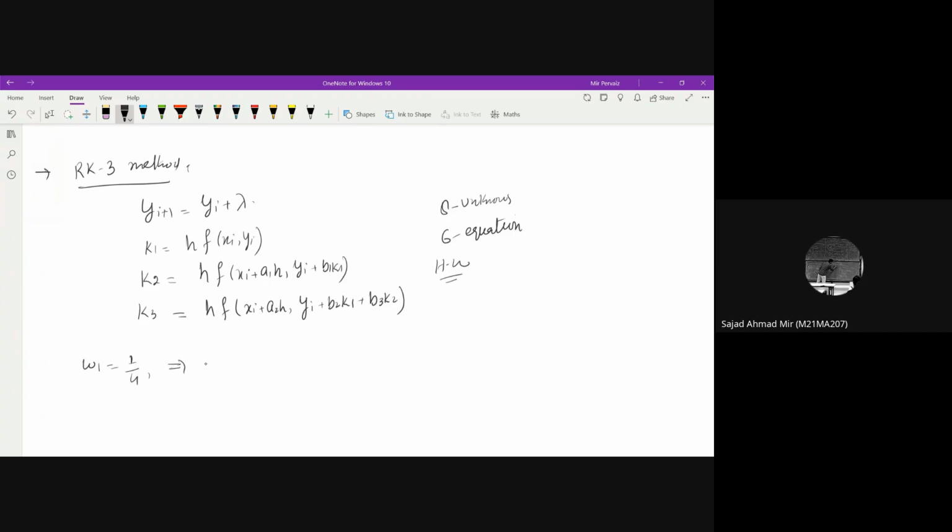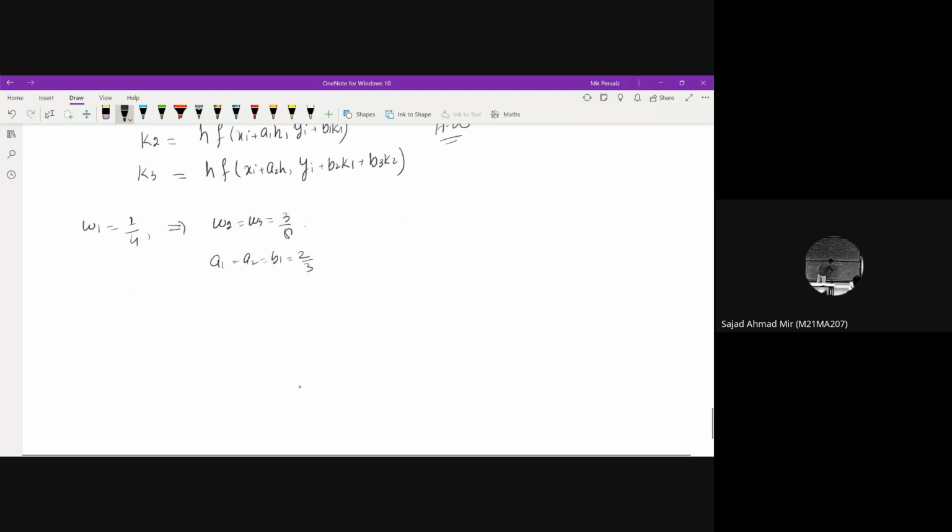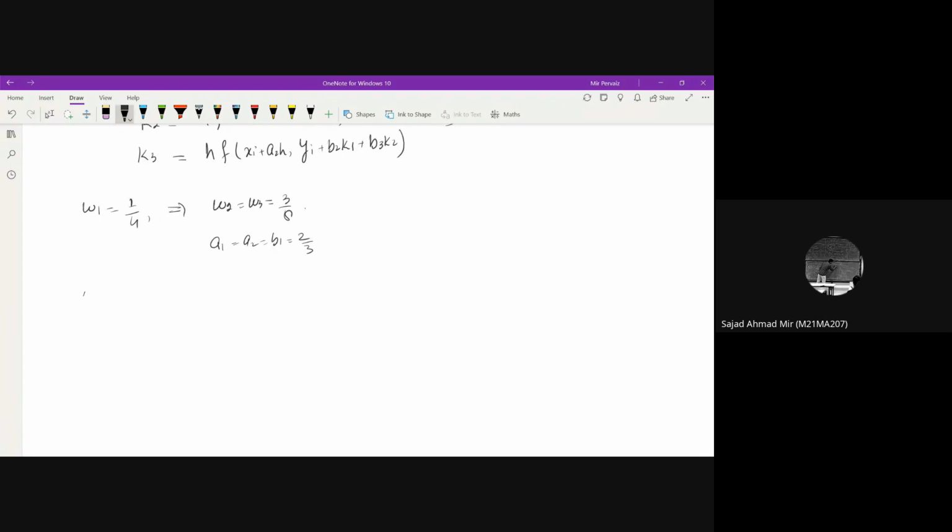This will give you a new scheme where w2 and w3 are the same, and you will get a1 equal to a2 equal to b1 equal to 2 by 3. Or let's say we have some free variable, b2, which I am taking as value 0, then I will get b3 as 2 by 3. You have two free variables, right? If I am fixing these two variables, I will get the values for the other variables.